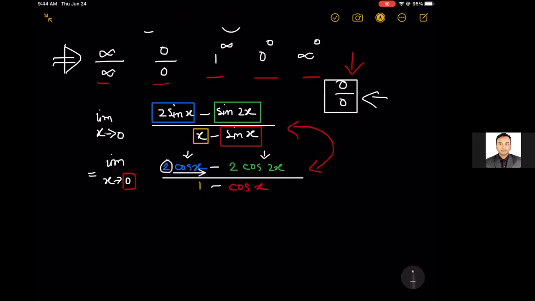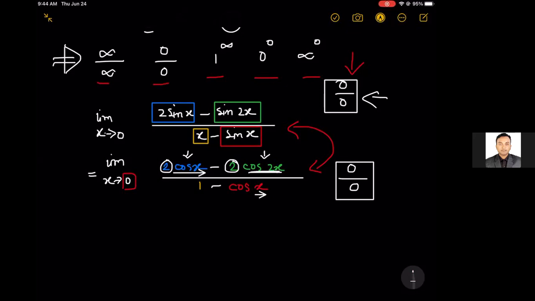Here also you'll have cosine 0, which will be 1, so this will be 2 as well. So 2 minus 2 will be 0 in the numerator. And this cosine 0 will also become 1. So 1 minus 1, it's still 0 over 0. We haven't really got rid of that indeterminate form as yet.